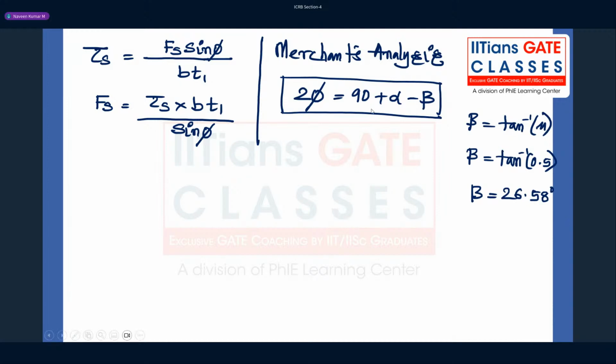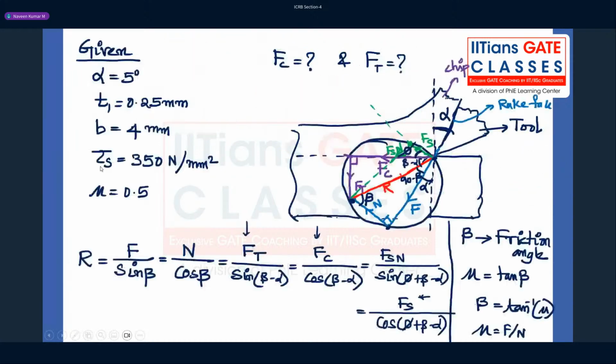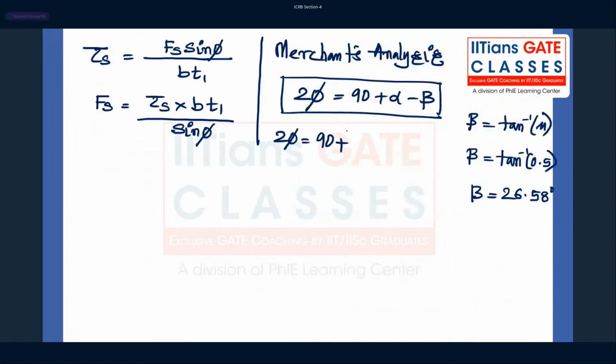Alpha is given, that is 5 degrees. So 2 phi is equal to 90 plus 5 degrees minus 26.58. You can do the calculation, and phi will come around 34.23 degrees, approximate value.